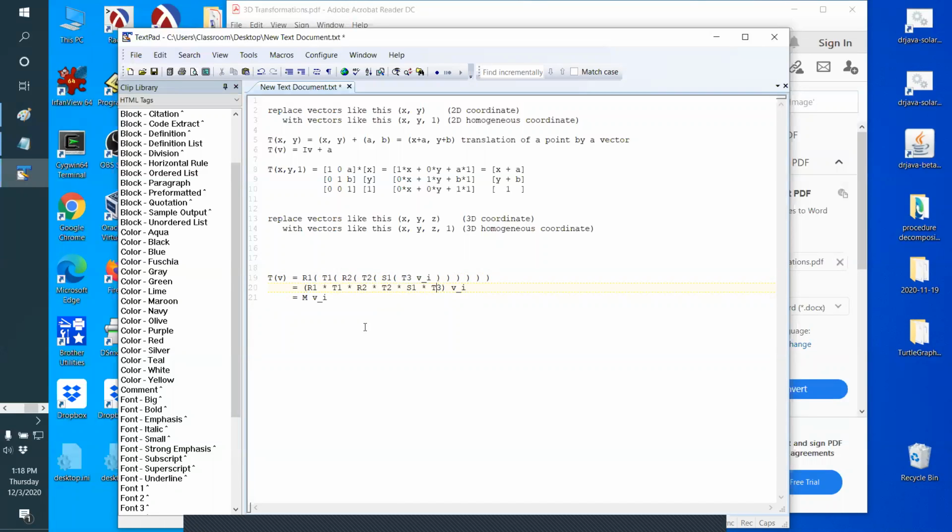Now suppose I didn't use these. Suppose I did rotations with a matrix, translations with addition, rotation with a matrix, translation with addition, scaling with a matrix, and translation with addition. Then I couldn't use this trick here.